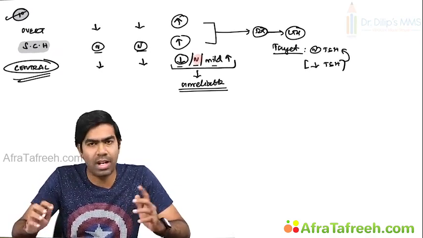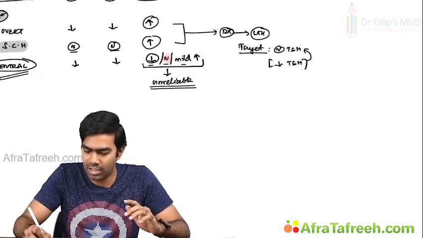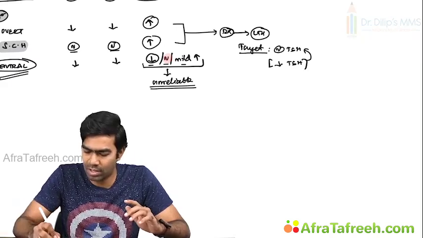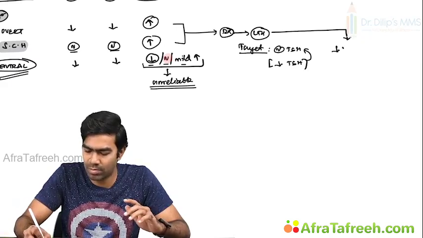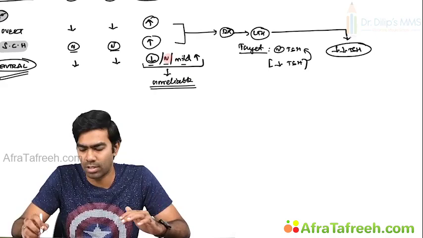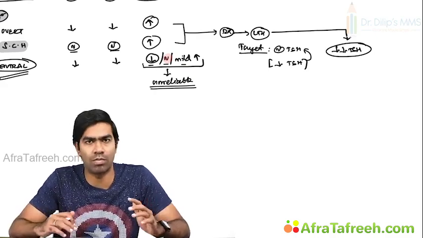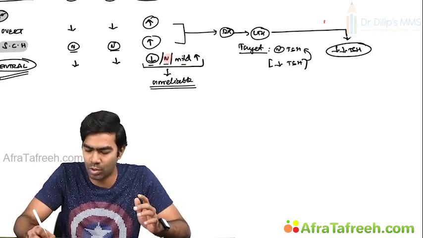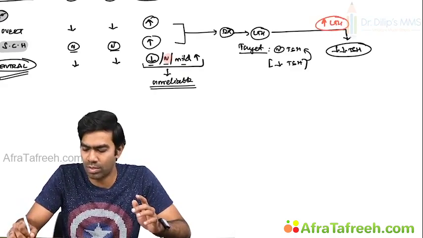Suppose, let me say that the TSH is low after giving levothyroxine. The TSH becomes very low. The decline in the TSH is too much, that it went below the cutoff. So in this condition, you know that you are giving a higher dose of levothyroxine.